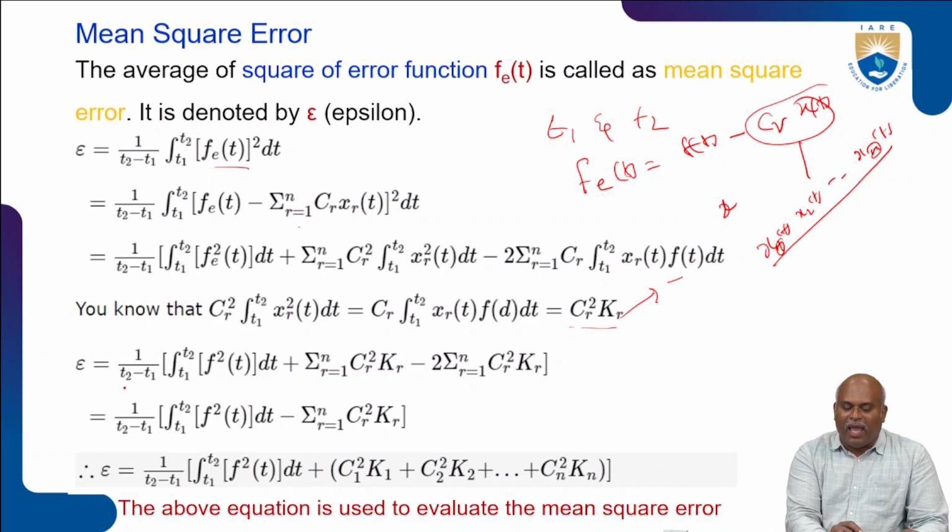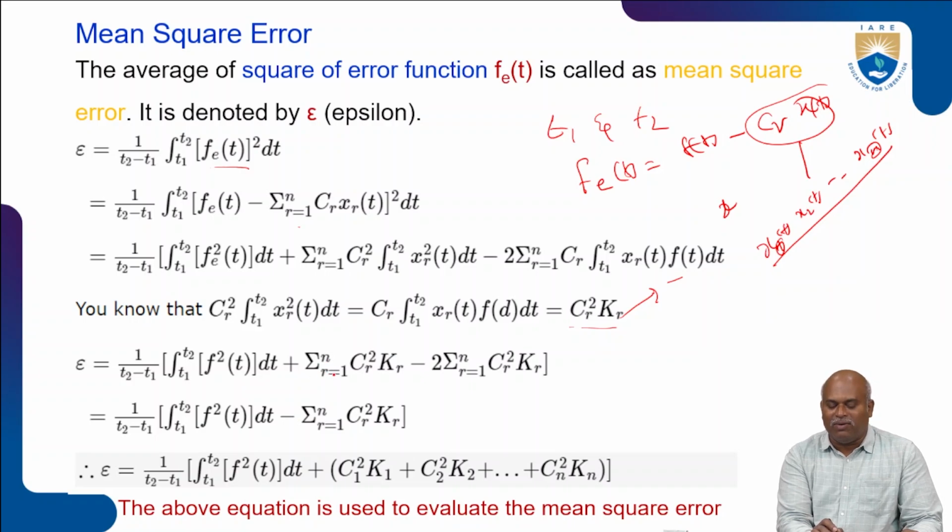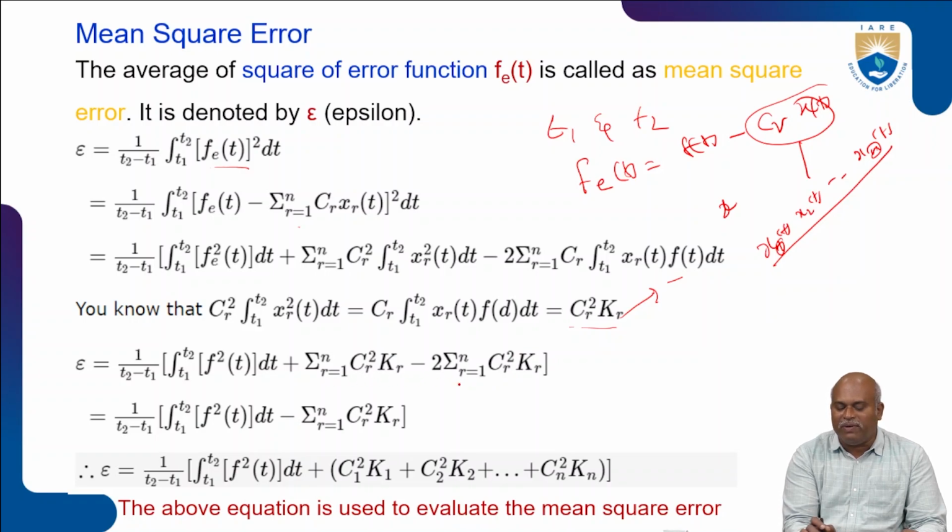Then our epsilon value is equal to 1 by (t2 minus t1) integration from t1 to t2 of f squared(t) dt plus summation of r equal to 1 to n c_r squared k_r minus 2 summation of r equal to 1 to n c_r squared k_r. Finally, I simplify this equation. We get the output as mean square error equal to 1 by (t2 minus t1) integration from t1 to t2 of f squared(t) dt minus summation of r equal to 1 to n c_r squared k_r.